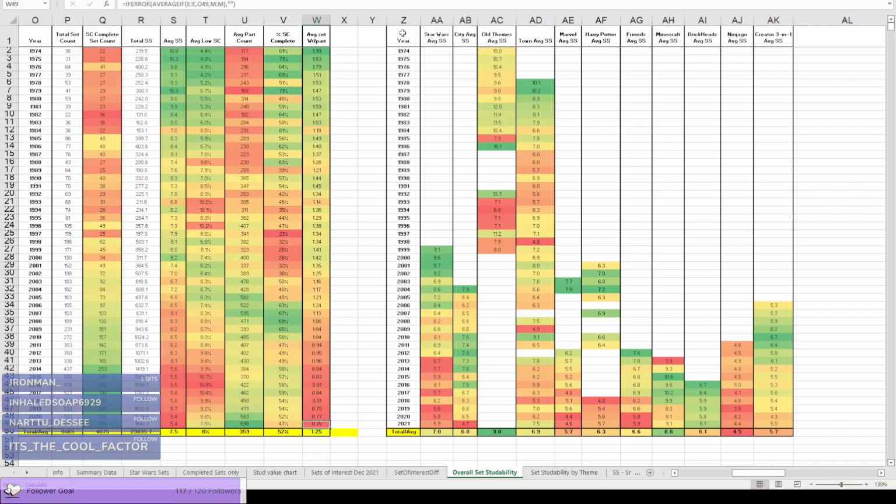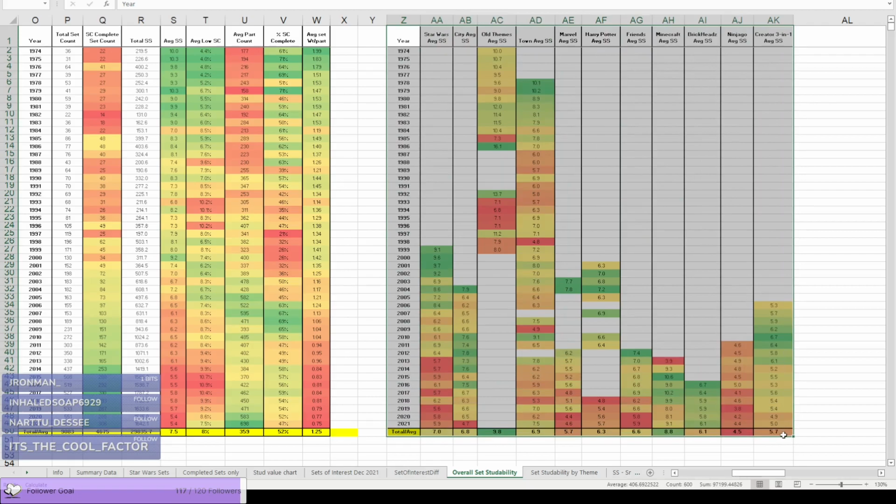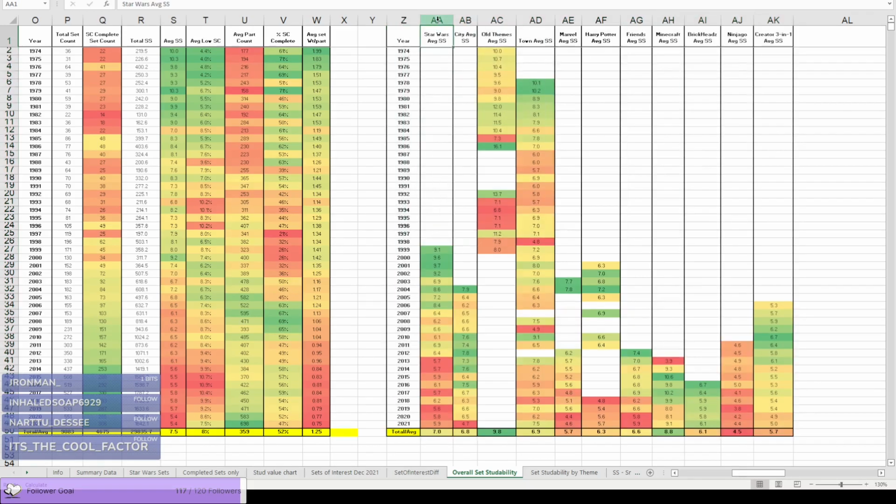And then here we go. This chart that I'm highlighting is done by themes. Some of you might have been peeking over at this as I was going through that left side. By year, what is the studability of sets in each theme? You could pick your favorite theme here. Let's start with Star Wars because it's mine. That's obviously the first column I wanted to figure out.